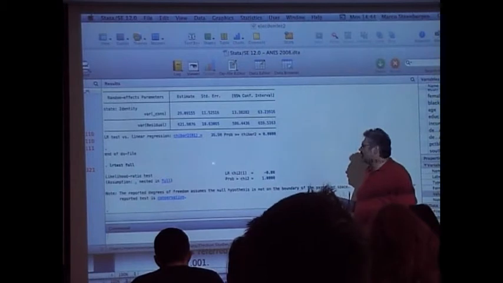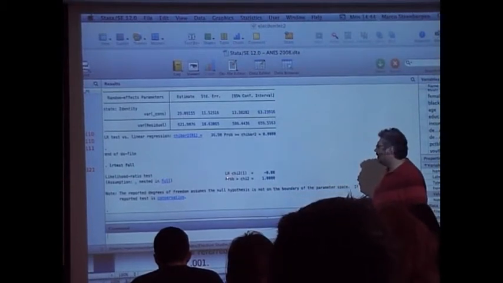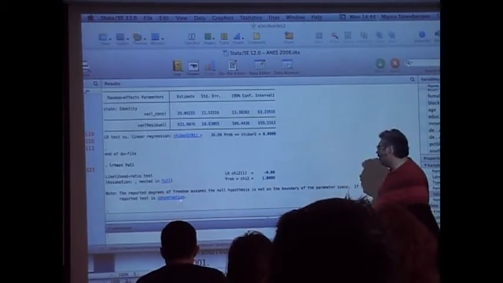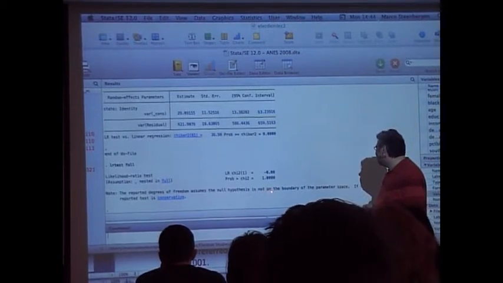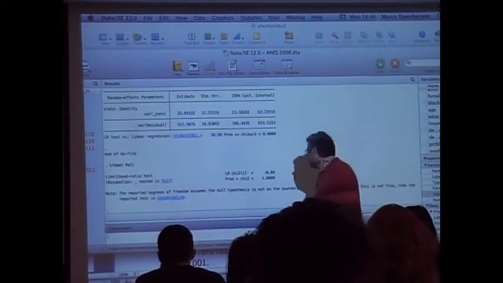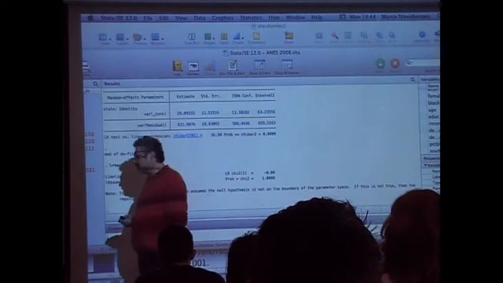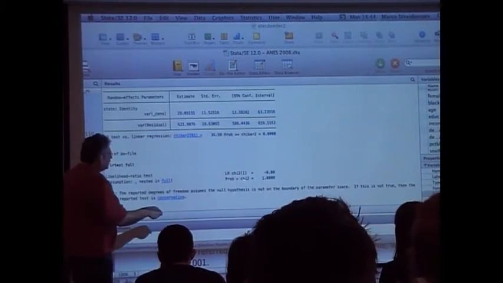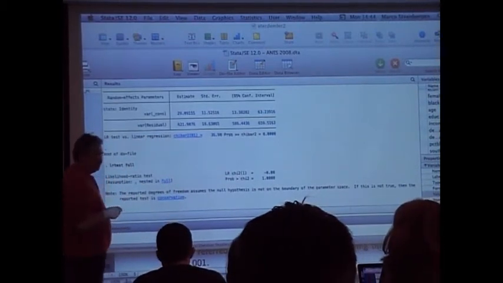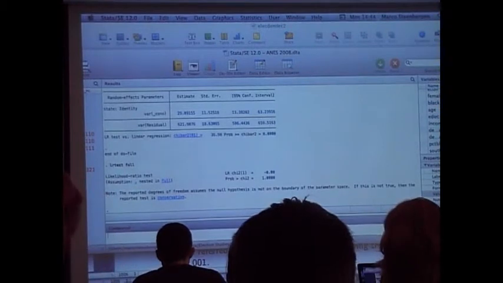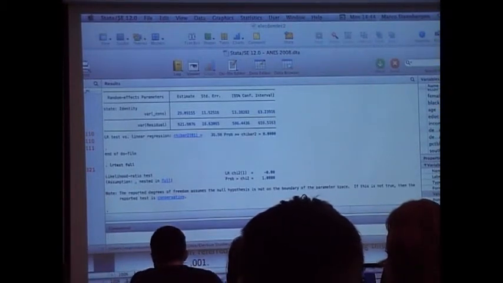In this case, we get this test. This is basically the p-value. So we can basically get rid of the random slope.